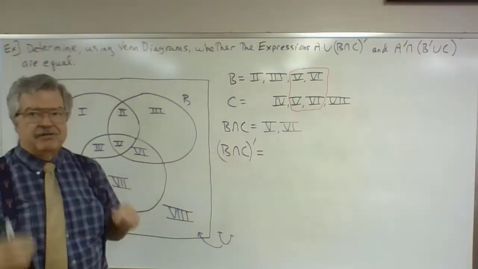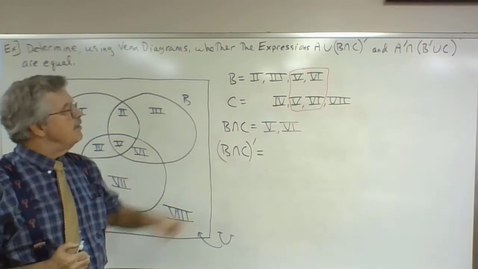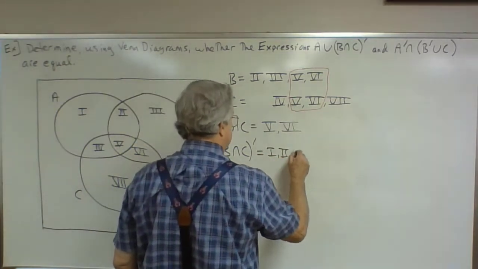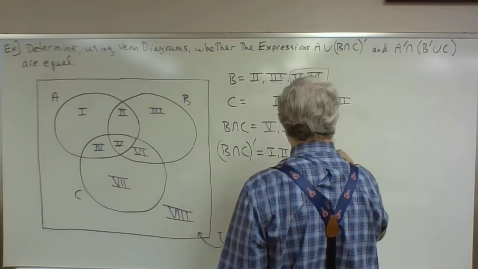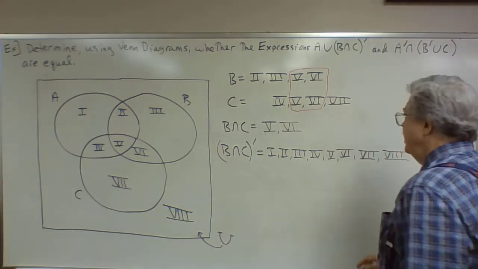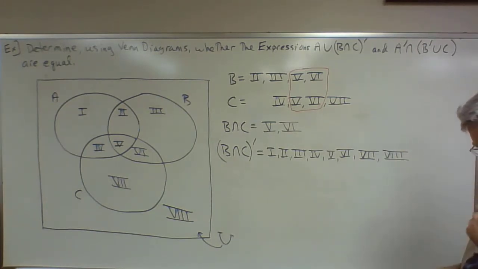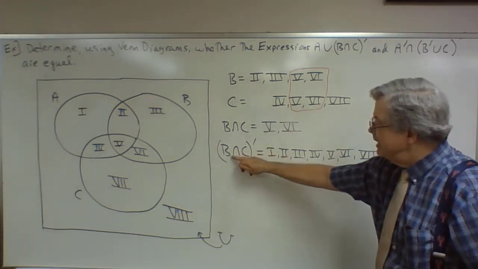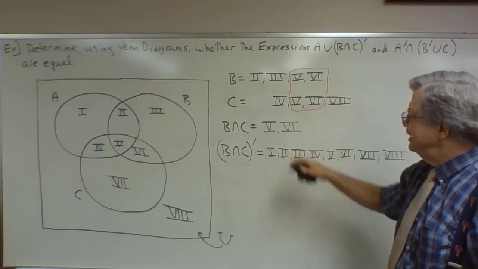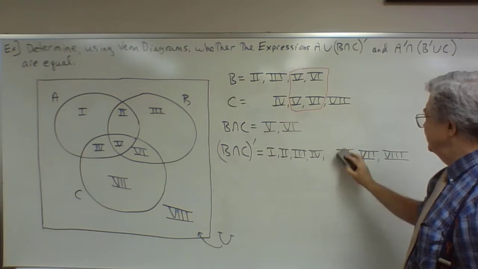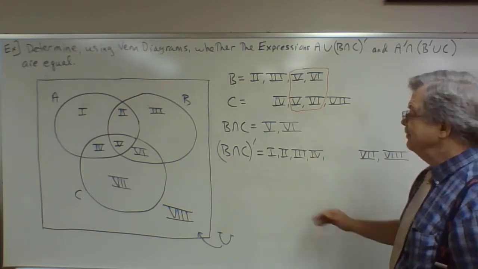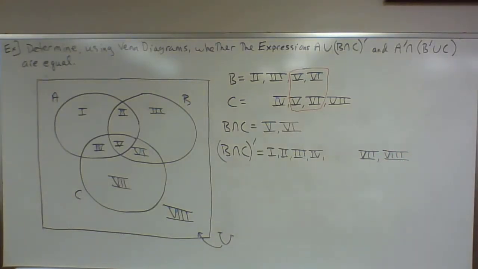It's the set of all elements in the universe, or all regions of the universe, that are not in B intersect C. So what I'll do, I'll write down all of the regions of the universe, and to get the complement of B intersect C, I'm going to take all of the regions of the universe and remove those regions that are in B intersect C. What this leaves me with are all of the regions of the universe that are not in B intersect C. Okay, that's good.